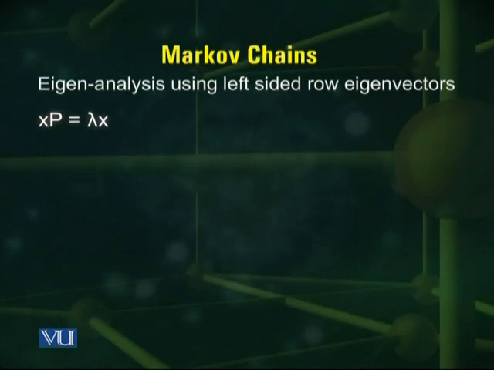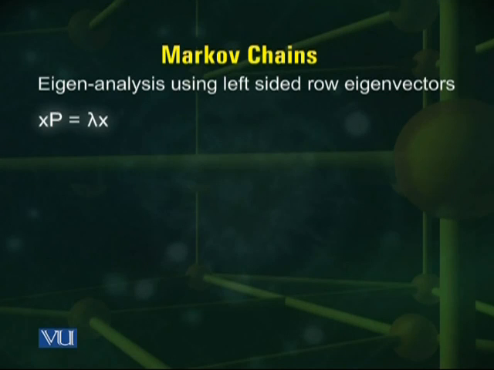Let's have a look at that type of eigenanalysis where X is a row vector, P is the same square matrix, and we say that we multiply X with P where X is on the left, a row vector. So X times P is lambda times X. X is an eigenvector, a left side type, row type eigenvector.